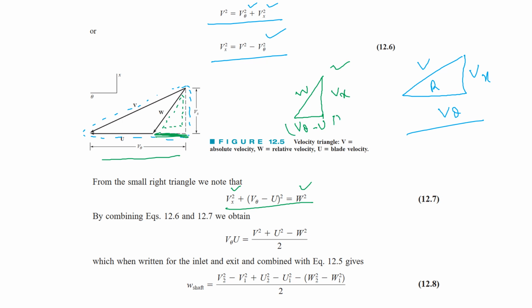So if I open this equation right here and simplify it by comparing these two equations, then I can write it in terms of this right here. Now you can see that we have an equation for V theta U in terms of V square, U square and W square. These are the three velocities: our absolute velocity, our blade velocity, and our relative velocity.